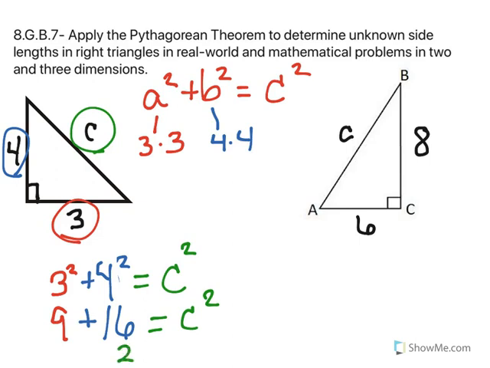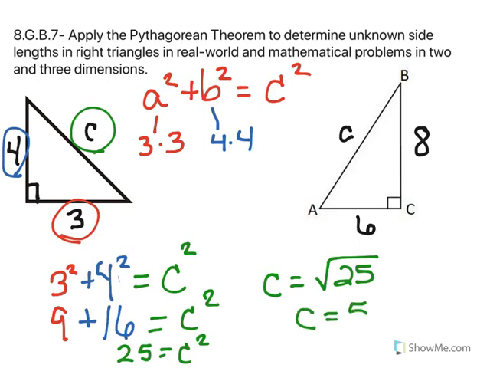So our value is 25. That equals c squared. What we want to show at that point is that we know c equals the square root of 25. And that brings in the previous lesson that we were talking about with square roots and cube roots, and showing how square roots do come into use in the Pythagorean theorem very much so. And c therefore equals 5 because 5 times 5 is 25. And the square root of 25 is the number times itself to equal the sum that's within the radical symbol.